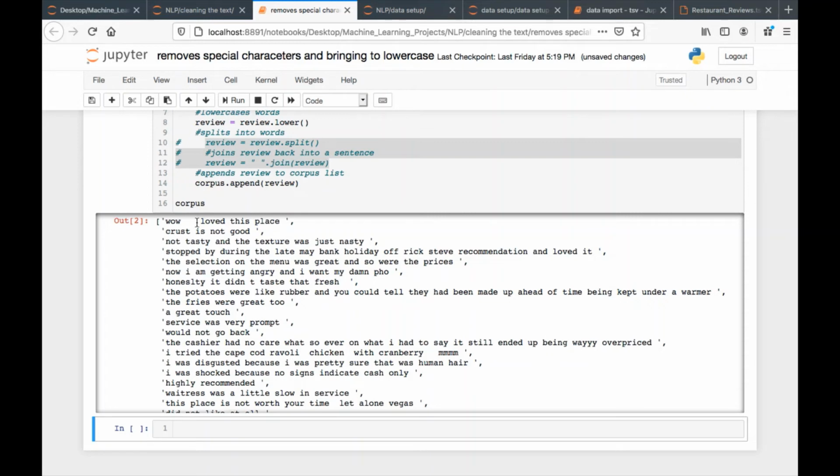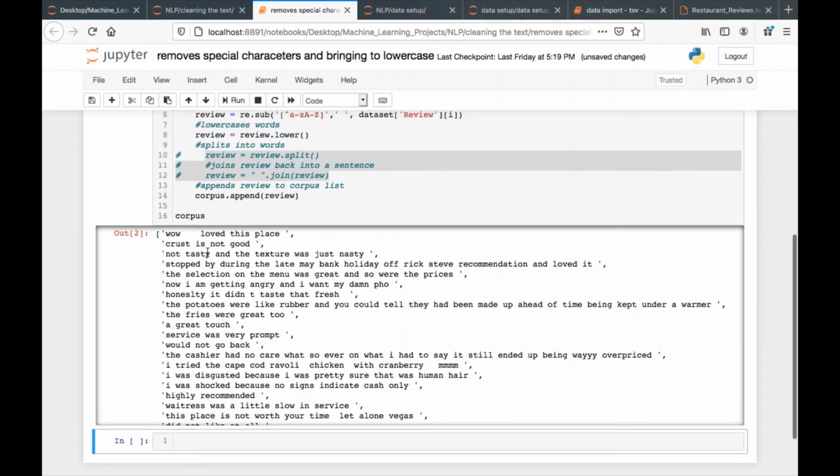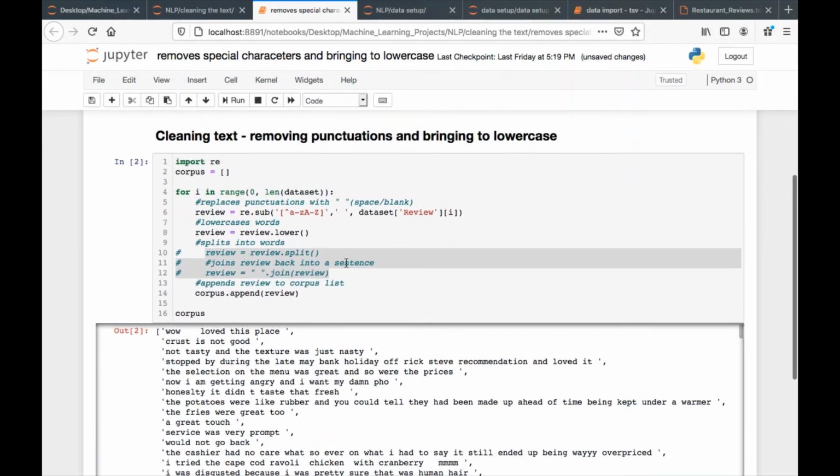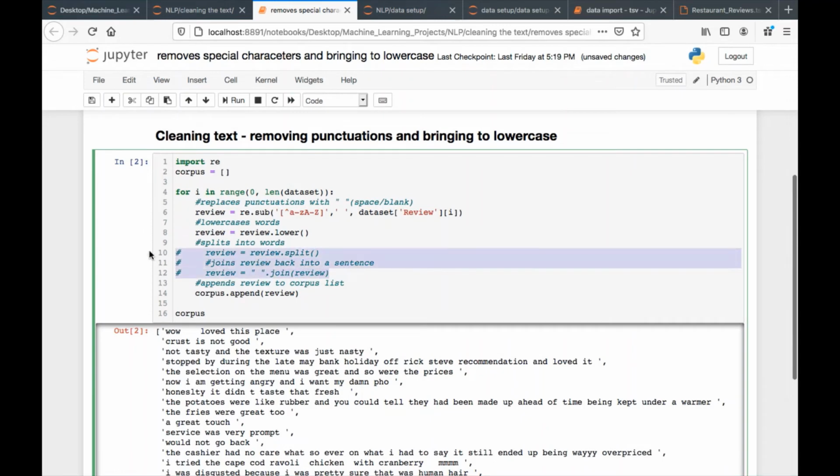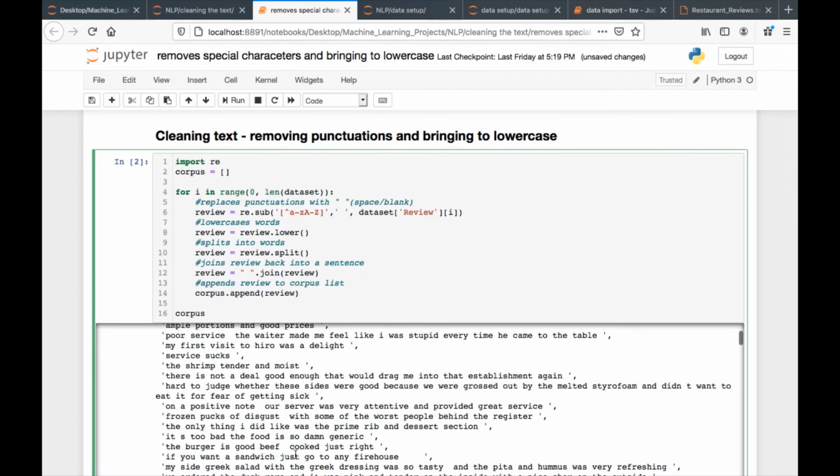The reason being that there was a dot dot dot before, and those dots have now been replaced by empty characters. So we don't want these extra blank spaces. For that reason, we split the sentence first, and then we join it back with a single space in between the words. And then at the end, when we're done with processing this, we append the review to our corpus.